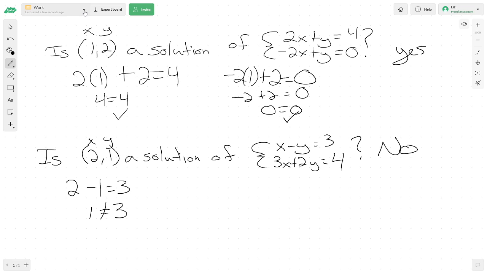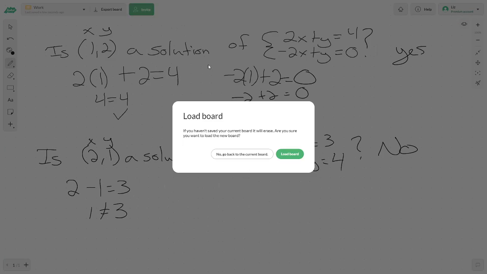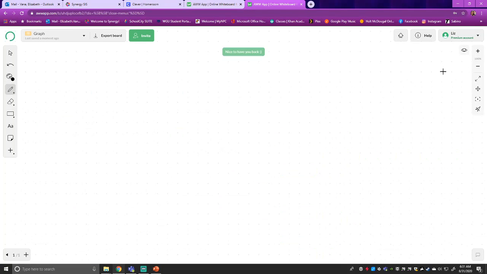You can also find the solution of linear equations by finding the intersecting points of the lines. So let's look at what that might look like.